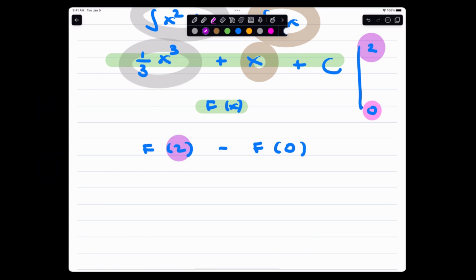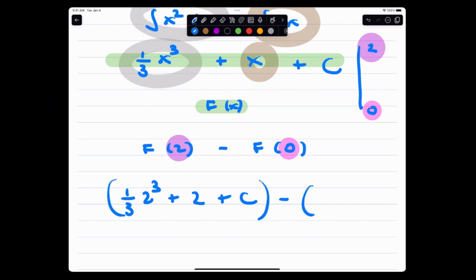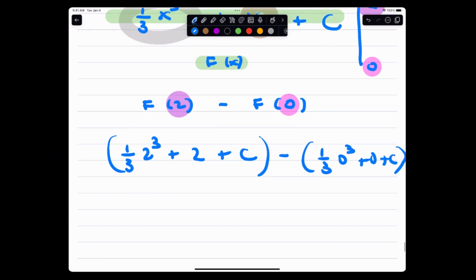So you got your purple and you have your pink. So just do your arithmetic. 1/3, 2 to the third, plus 2. You say, can I put my c? Okay, but it's going to cancel. Is that right? 1/3, 0 cubed plus 0 plus the same c.